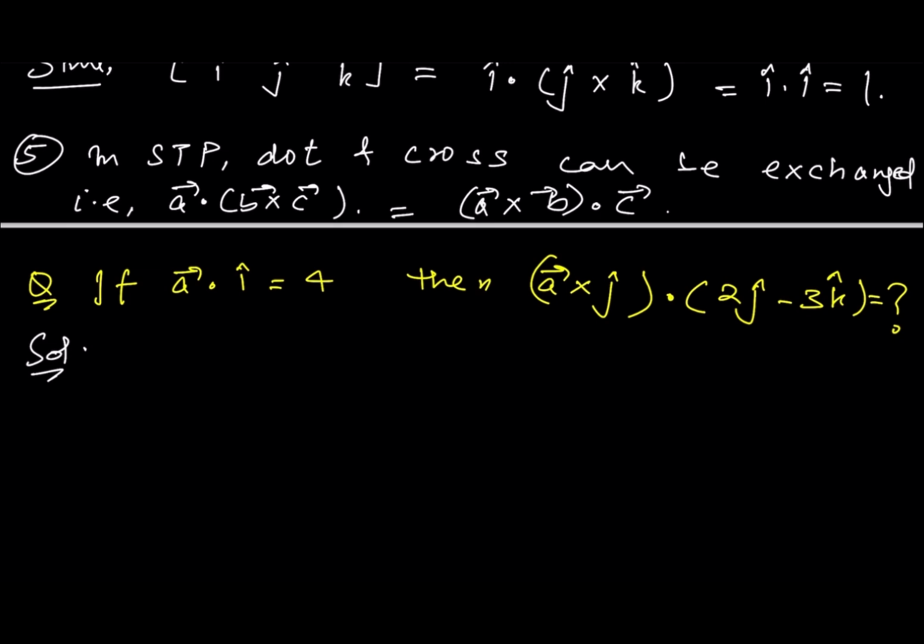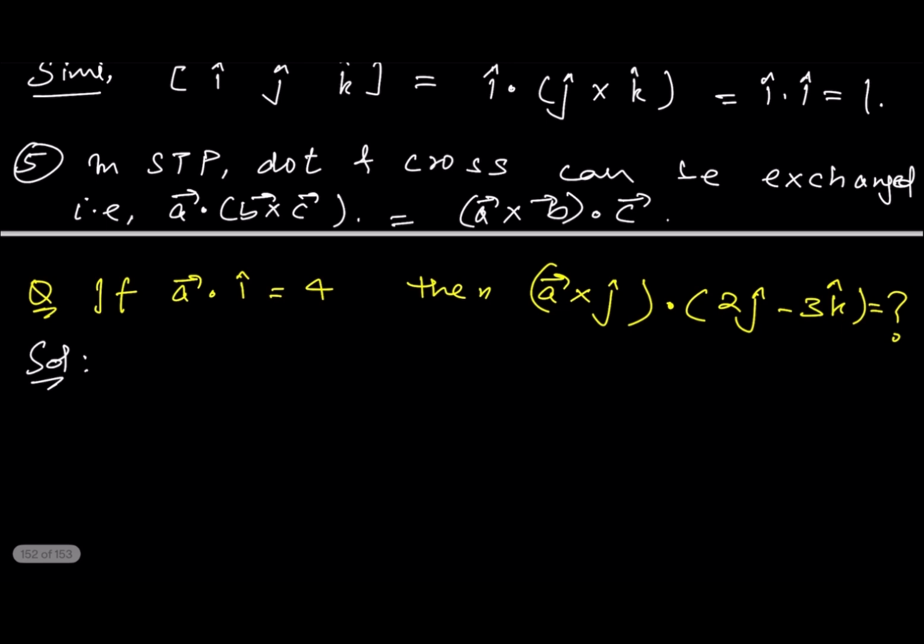So in this we have to find A cross J dot 2J minus 3K, and in the question it is given A dot I is equal to 4. So I have to create A dot I because A dot I is given. Okay. So what I have learned in point number 5 is that dot and cross can be exchanged.